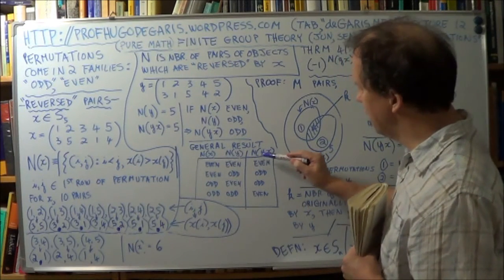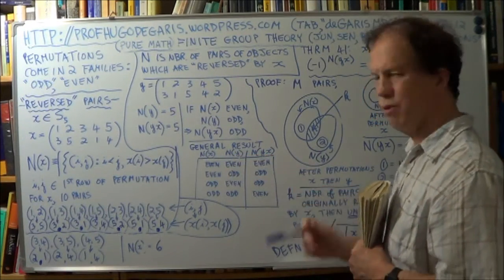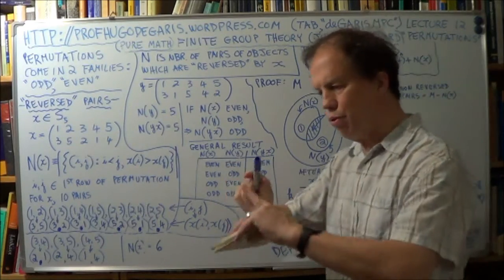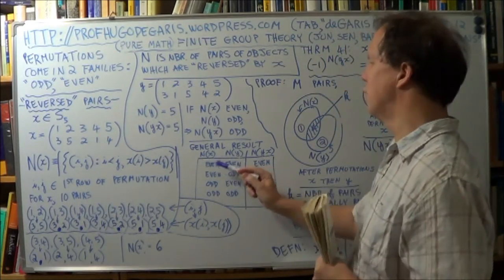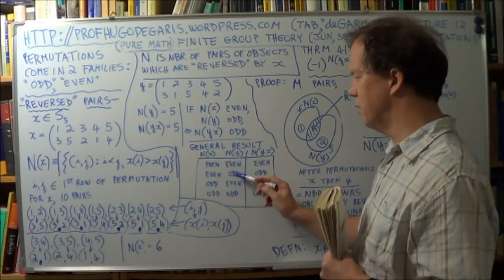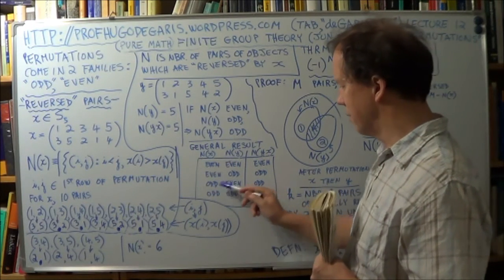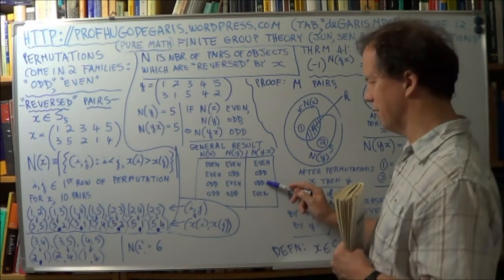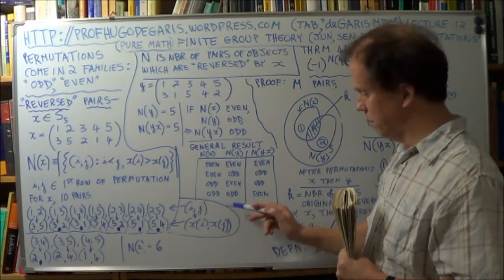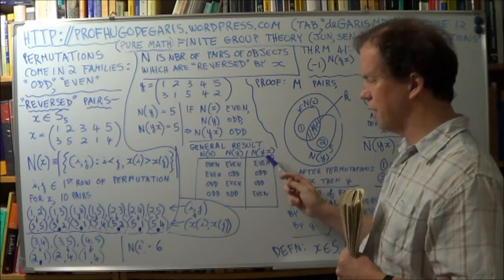Somehow it looks as though n of xy is the sum of these. Because if it were the product, if you multiply two evens, you'll get an even, that's okay. But if you multiply an even with an odd, you'll get an even, but no, you get an odd here. And if you multiply an odd by an odd, you'll get an odd, but no, you've got even.